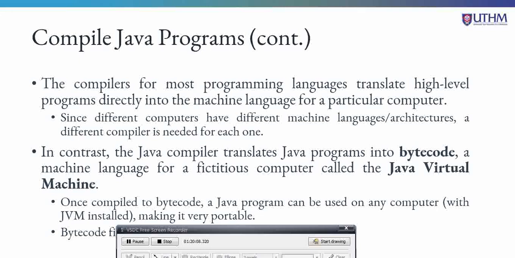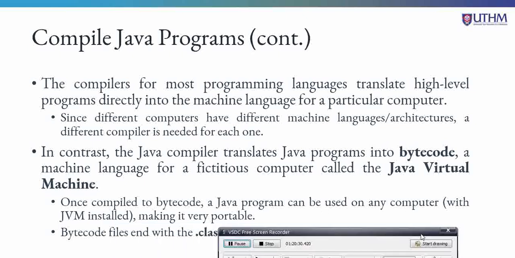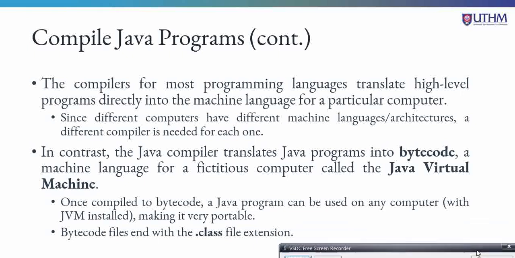In contrast, the Java compiler translates Java programs into bytecode. This is what I meant earlier: a machine language for a fictitious computer called the Java Virtual Machine. Once compiled to bytecode, a Java program can be used on any computer.